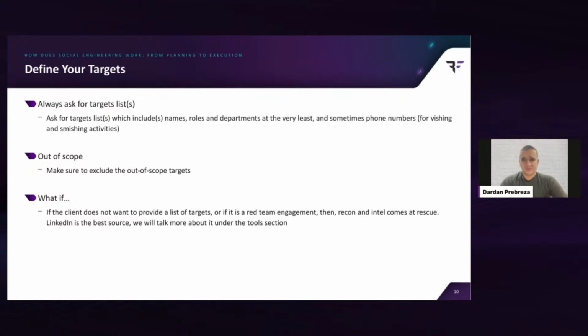Sometimes phone numbers can be really useful when vishing is in scope, because it's easier to get the phone numbers from the client rather than collecting them through OSINT. And always make sure to exclude the out-of-scope targets. Sometimes clients don't want to include specific people. Oftentimes it's about specific C-level people, but not only.